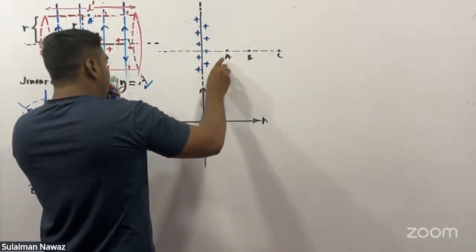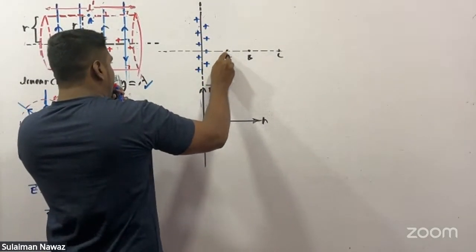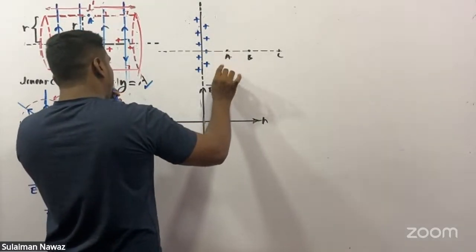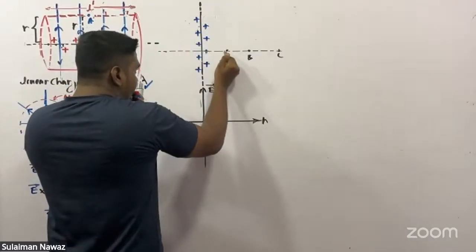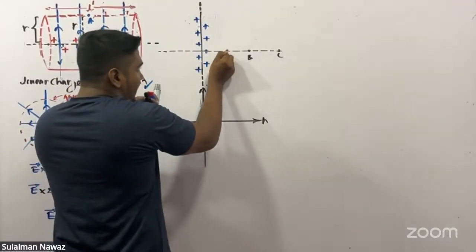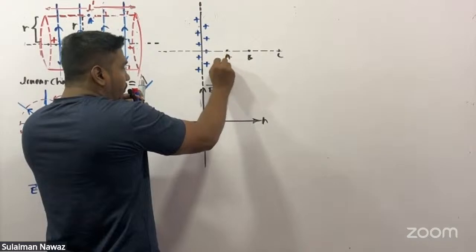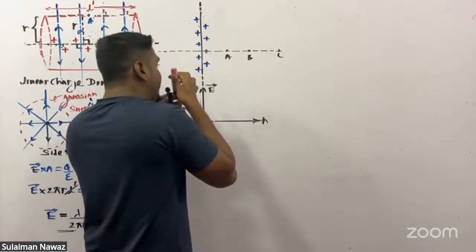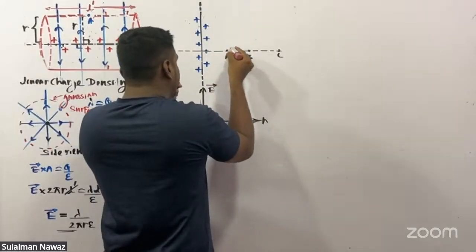Remember, when you keep a positive charge, I want to find the direction of electric field intensity at point E. This is positively charged. When you keep +1 coulomb at point E, the electric force is going to be to the right side. Therefore, the electric field intensity at point E is also to the right side.